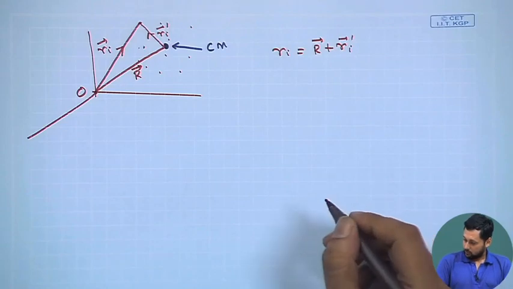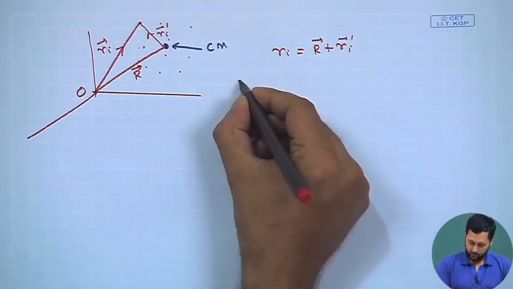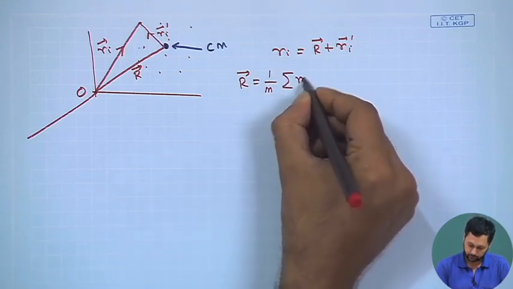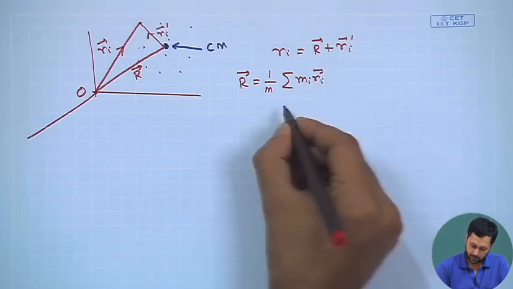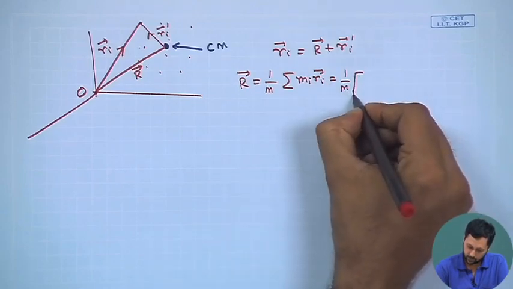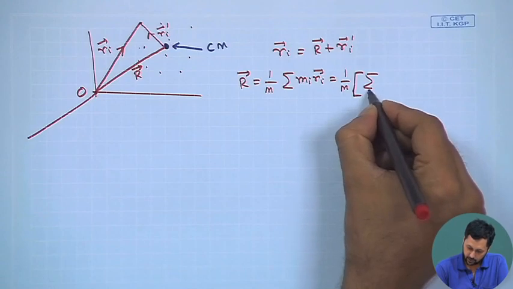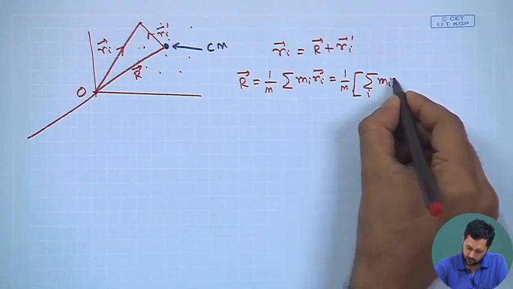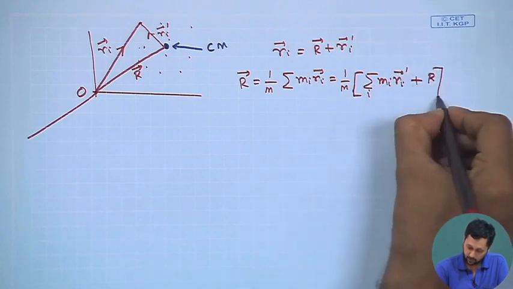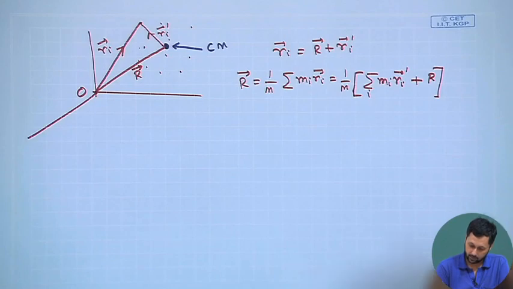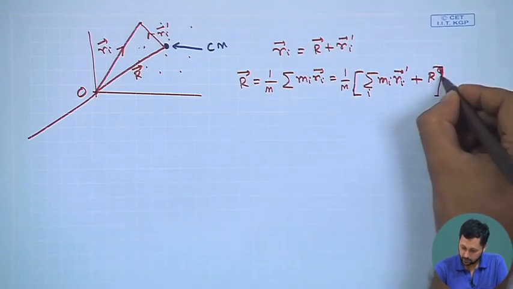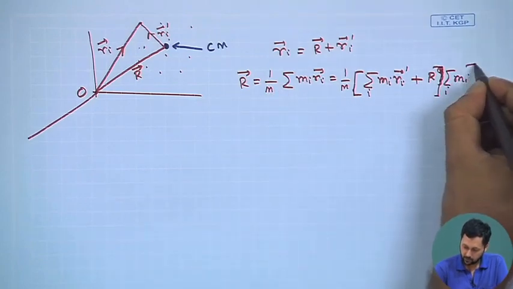If I go by the definition of center of mass, which is R equals 1 over M sum over i m_i r_i, now put this value of r_i in here. What we will get is 1 over M sum over i m_i r_i prime plus R sum over i m_i.